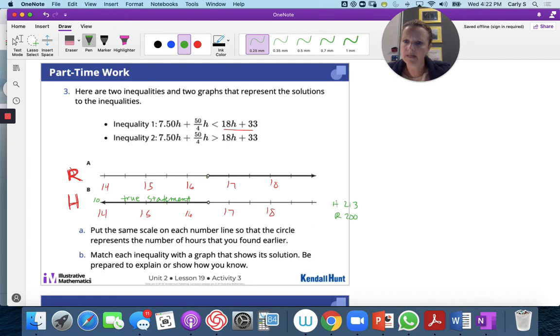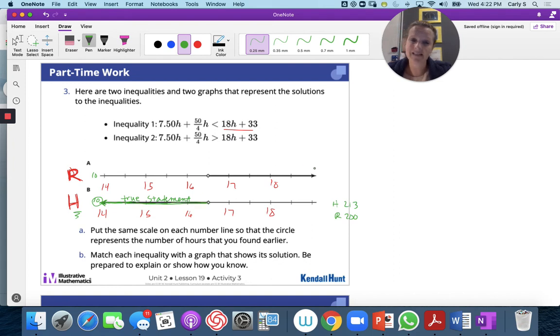So when I tested 10, since all of this is shaded in, it's a true statement. The hotel was greater. When I test 10 here, it's not true. 10 is not part of the solution because 10 is way down here. Here, 10 is part of the solution because all the numbers less than 16.5 will make a true statement.